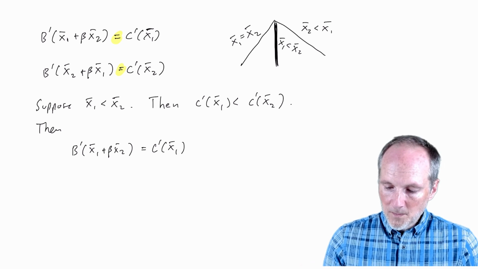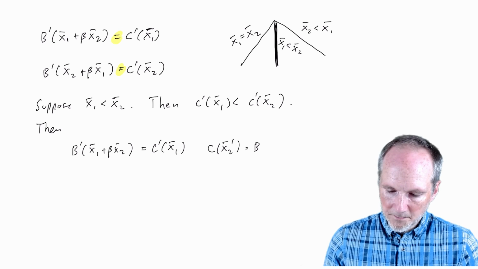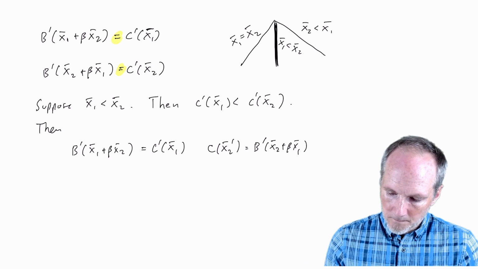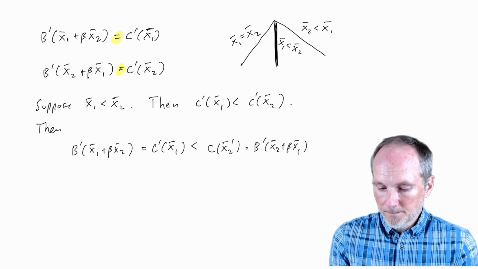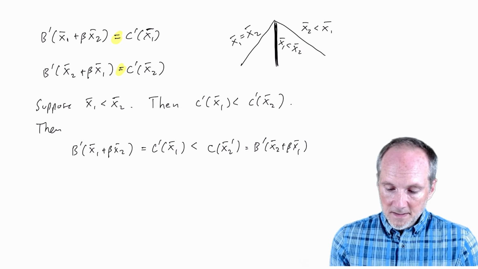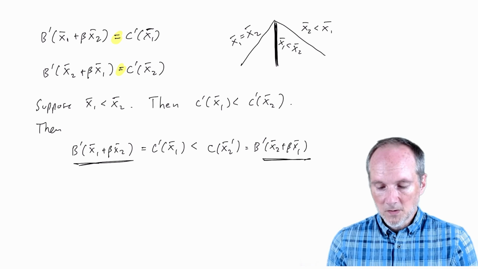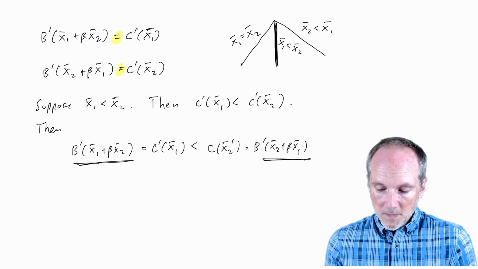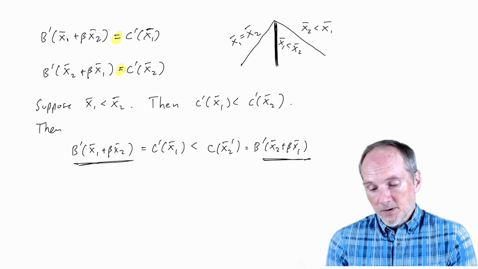We know person 2's marginal cost is equal to their marginal benefit. Okay, but we've just deduced that person 1's marginal cost is less. That means that their marginal benefit is less. Okay? But remember, marginal benefit is decreasing.